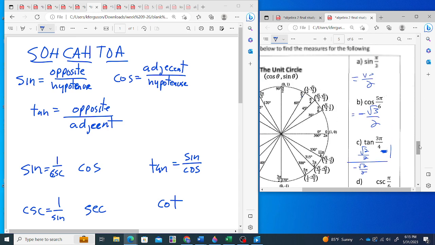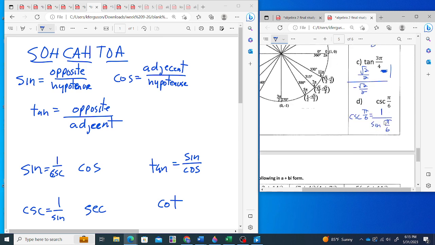This diagram tells me that the sine of pi over 6 is 1/2. So then this problem is going to be 1 over 1/2. And Stephanie, what kind of a problem is that? That's 1 divided by 1/2. That's a keep, change, flip. 1 divided by 1/2 is 1 times 2 over 1, or 2.